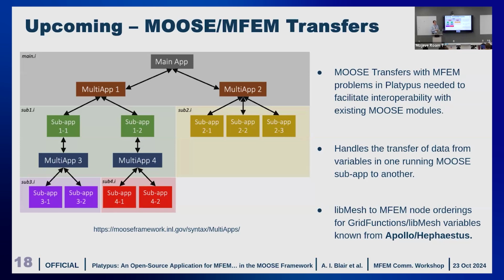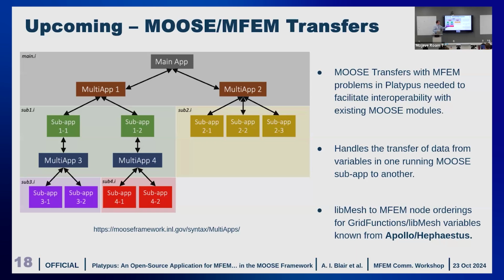So we had transfers working, with solutions to map between the permutation arrays between libMesh variables and MFEM grid functions, on lowest order and first and second order Lagrange and monomial decomposing polynomials for hexes, tets, wedges, and possibly some for knowing at least where the node ordering is in the meshes for pyramids.